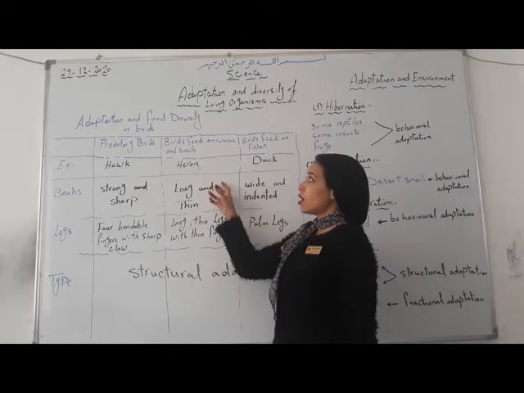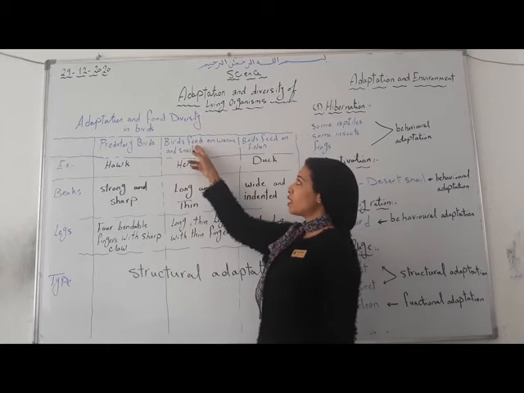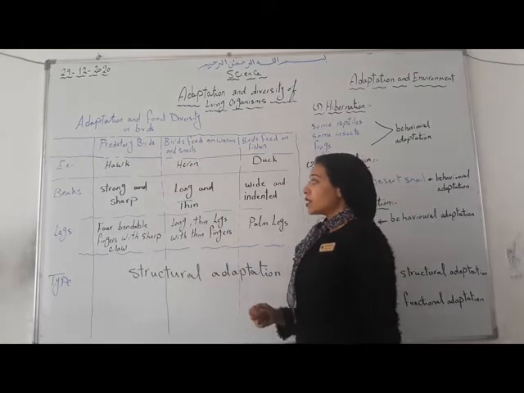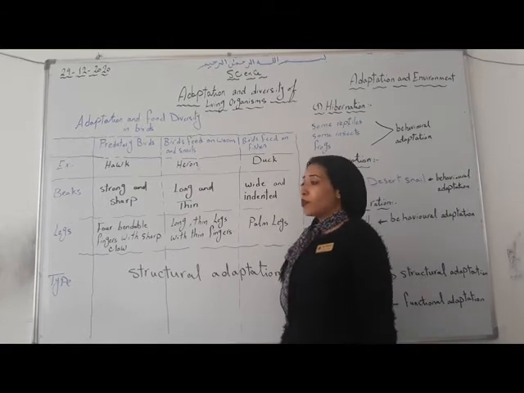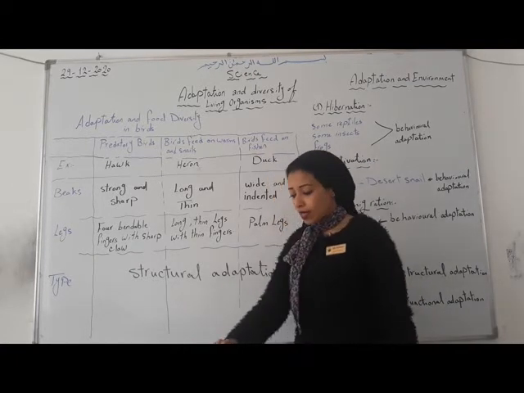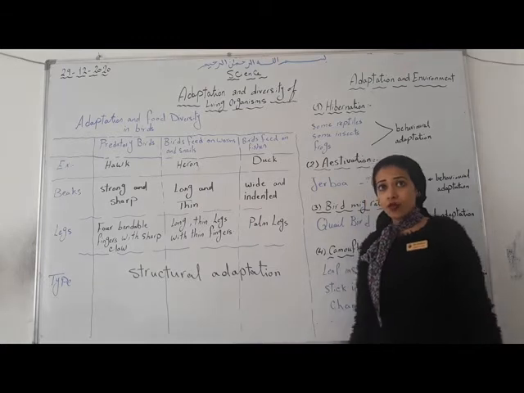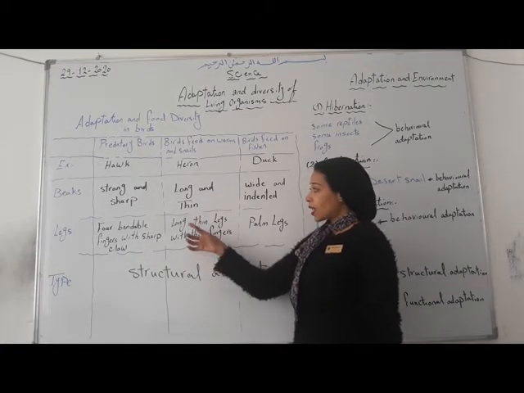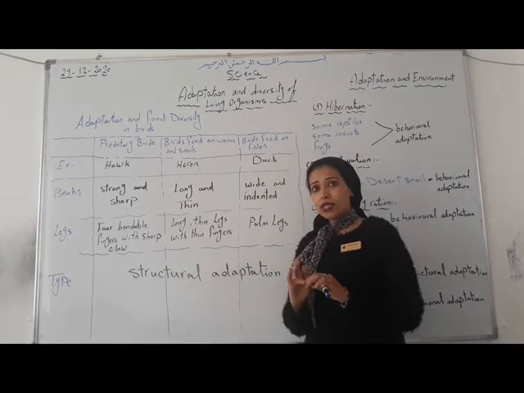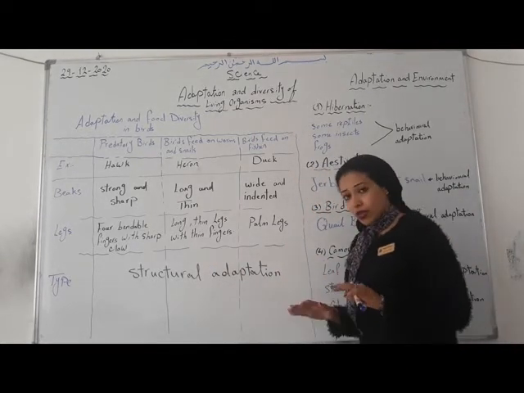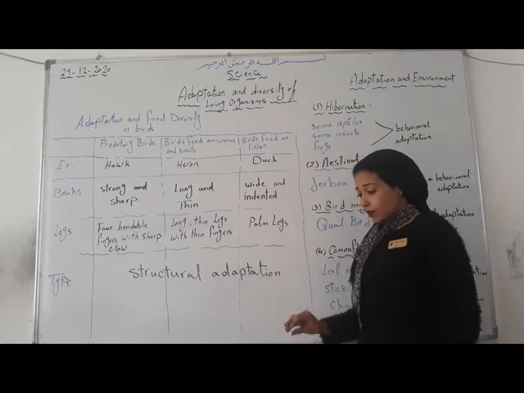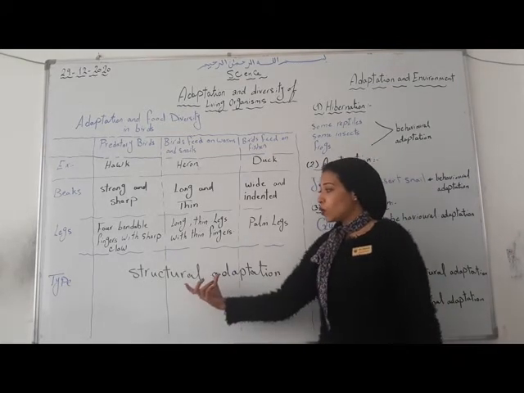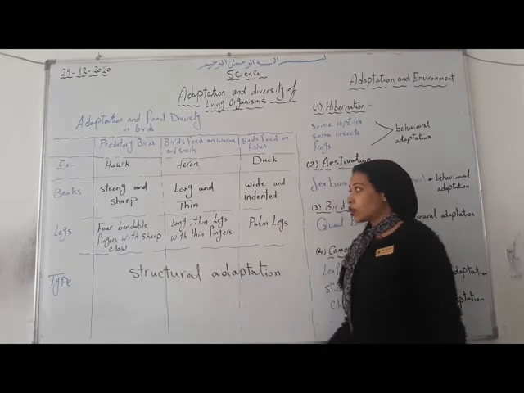And the second type of birds, the birds which feed on worms and snails, like the heron, it has long legs that end with thin fingers to help it not stick in the mud, and it's also a structural adaptation.